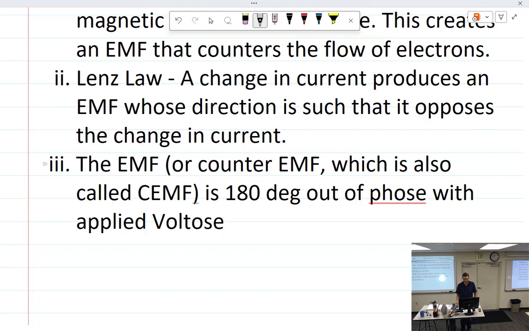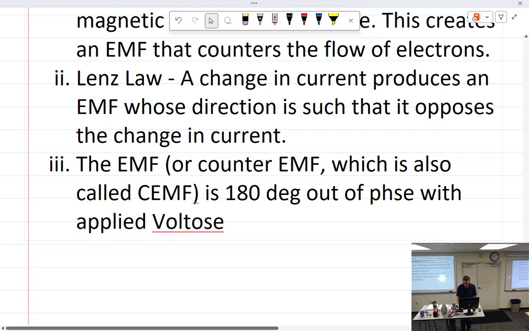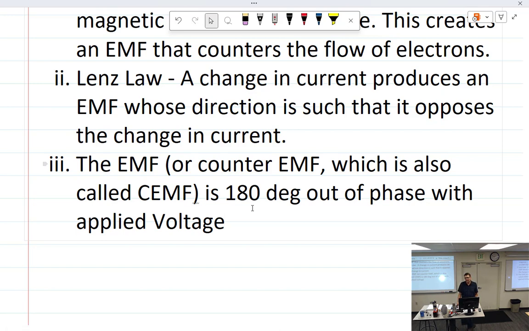I don't think that particular statement is so important, that it's 180 degrees, but it's to say that in an inductive circuit, which is coils, the counter EMF... Yeah, I'm just going to let it go. I don't want to make a mess of that.